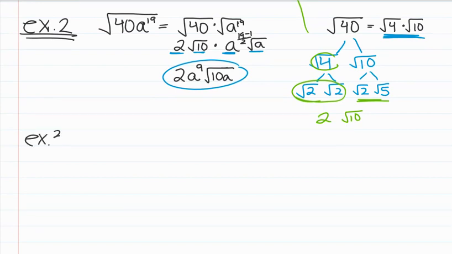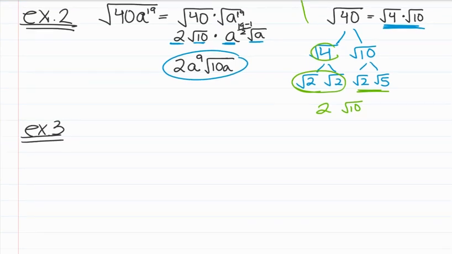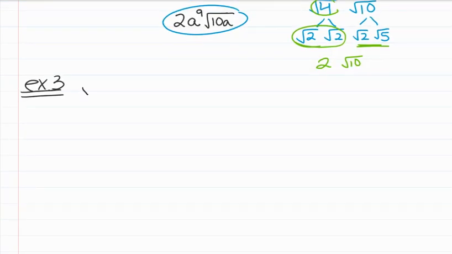The last example I want you to see is kind of a big one. Square root of 128, p to the 5th, q to the 2nd, r to the 18th. Okay, so for 128, we need to find the perfect squares within 128.